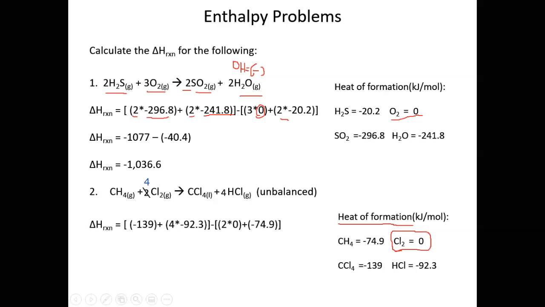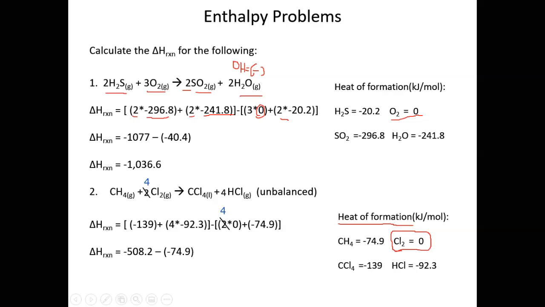So again, this should be a 4. There. Now we combine terms and we'll solve for the heat of reaction.